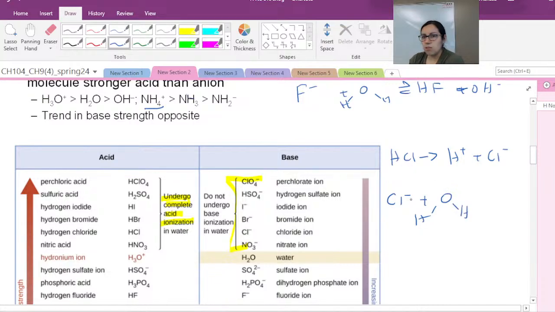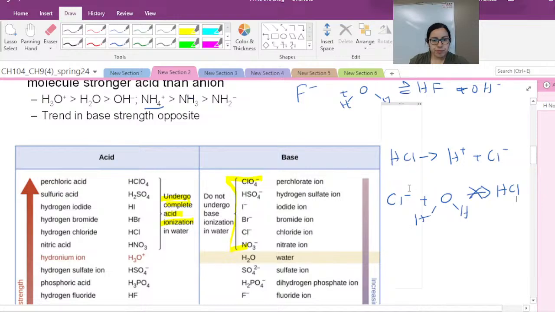So if you dissolve sodium chloride in water, it's not going to make HCl, it's going to be neutral, and so I'm going to put, this does not happen. We're not going to reform HCl. So that's what this is saying.